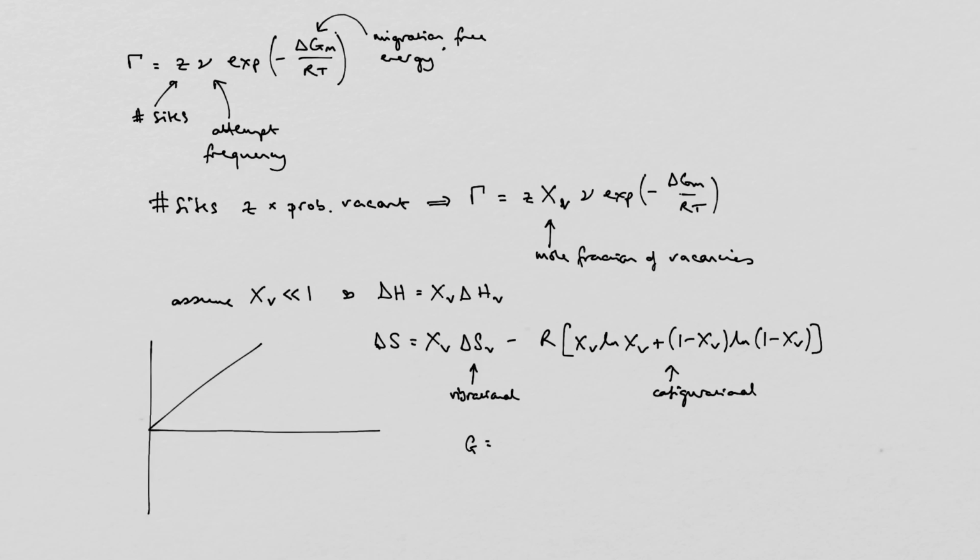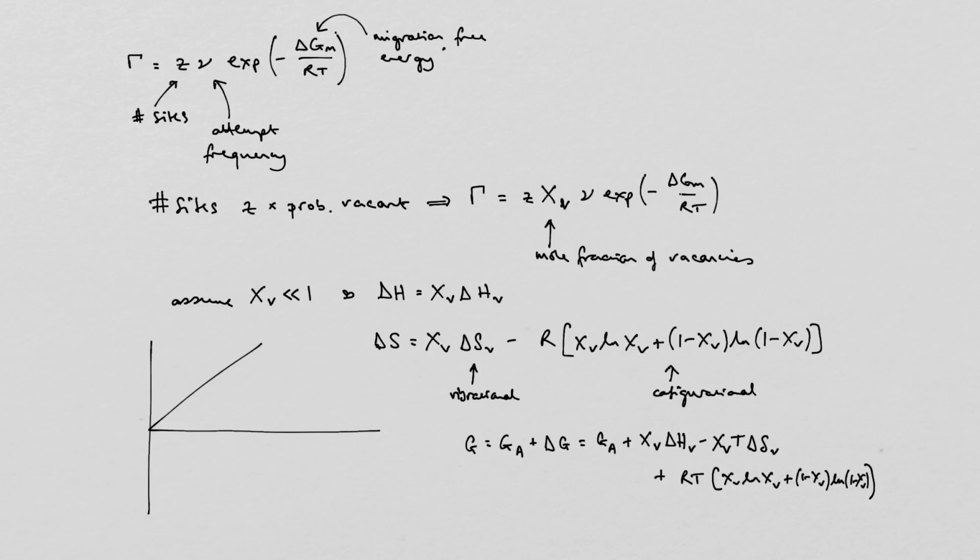The free energy of a mole of this crystal with mole fraction X_V of vacancies is going to be the free energy of just a perfect mole of A plus the change arising from introducing a mole fraction of vacancies, delta G, which is G_A plus X_V delta H_V minus X_V T delta S_V plus RT times the configurational terms. Okay, all of that stuff.